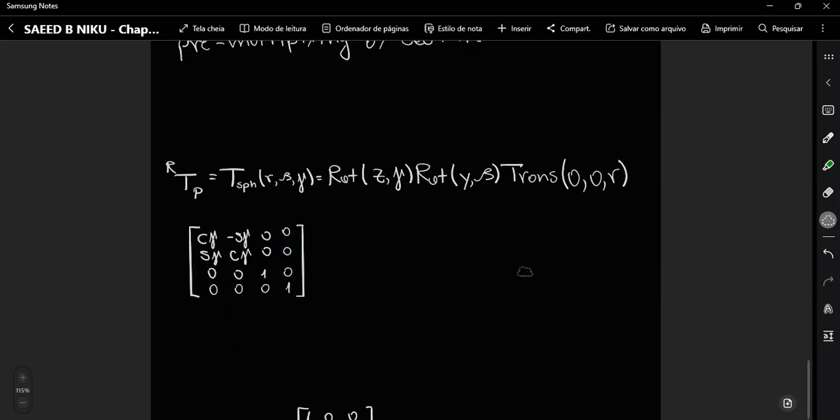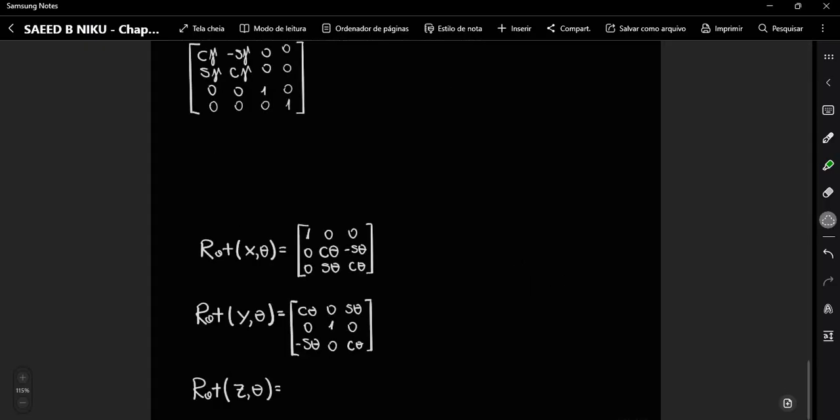Okay, and now the characteristic rotation matrix about the y-axis, this one.